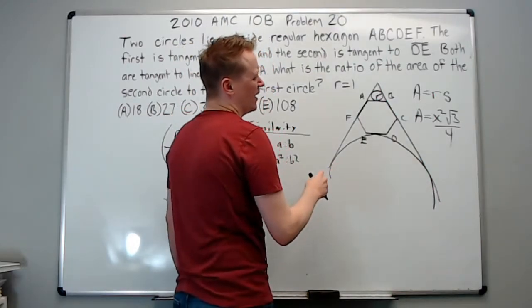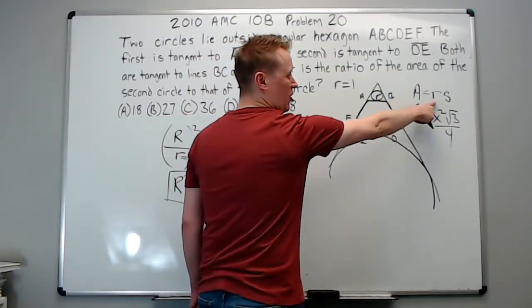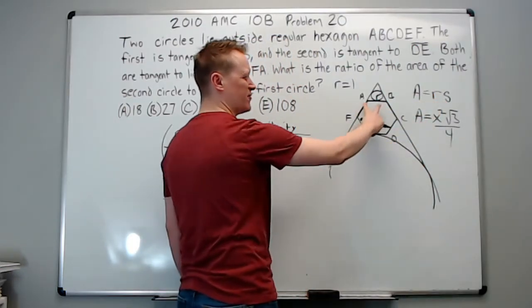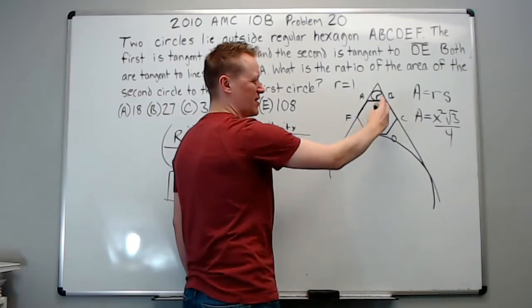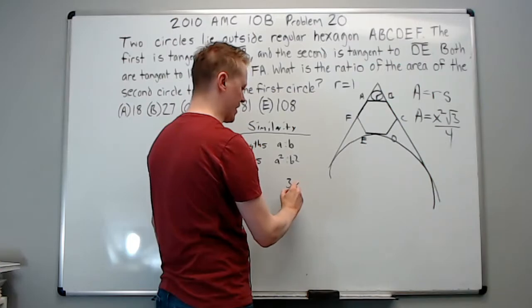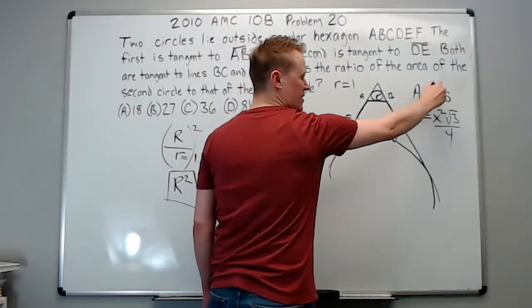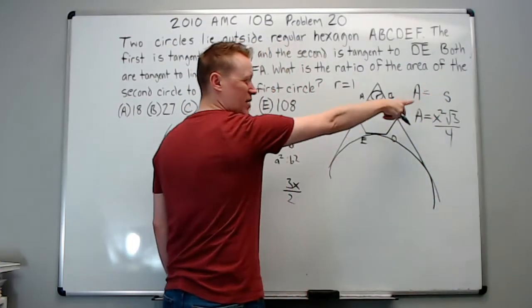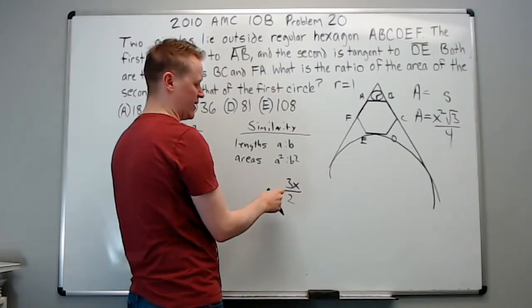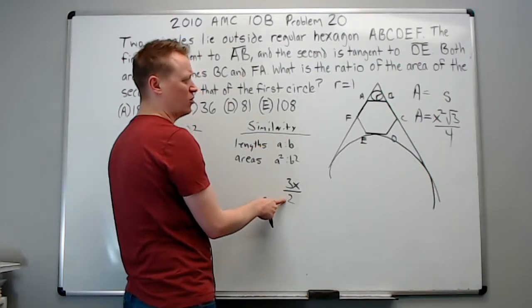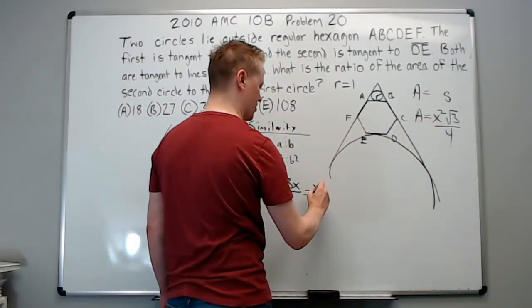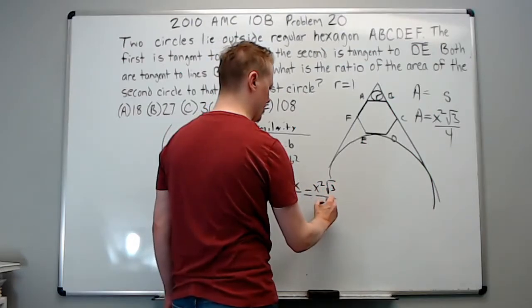So then I can set these equal, and I know the in radius is r, so what would the semi-perimeter be? If the side lengths are all x, then the semi-perimeter would be 3x over 2. So we can say 3x over 2, the radius is 1, so this just goes away. The area is the semi-perimeter. So if the in radius is 1, then 3x over 2 has to equal x squared root 3 over 4.